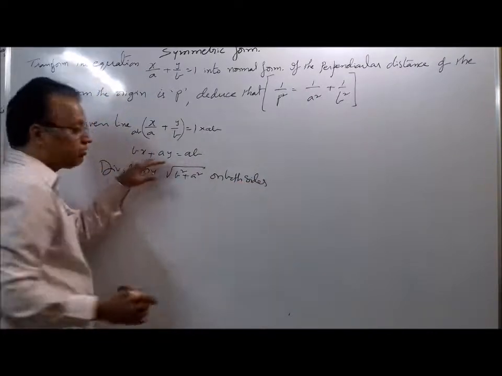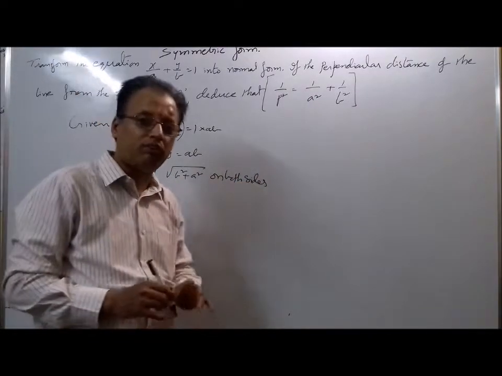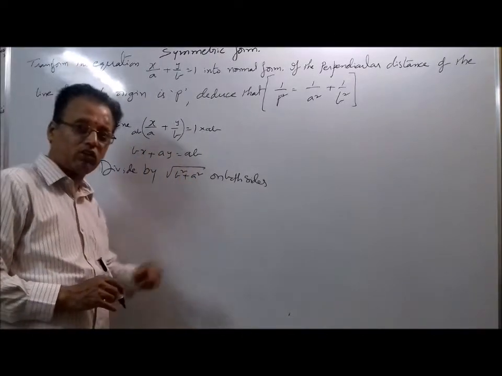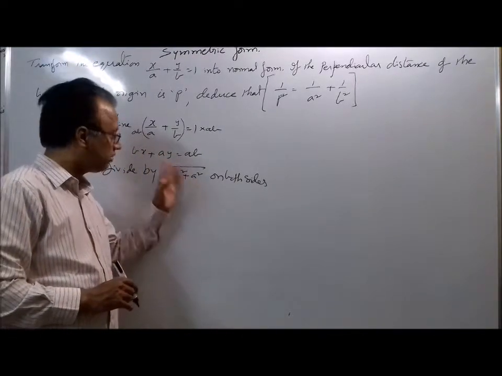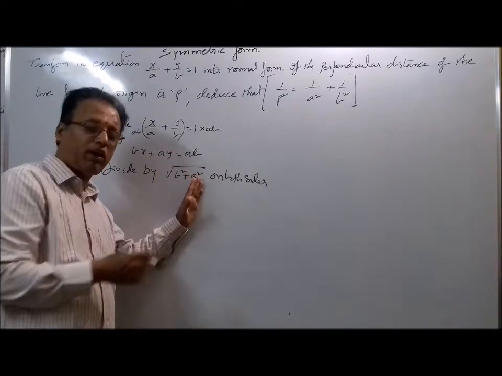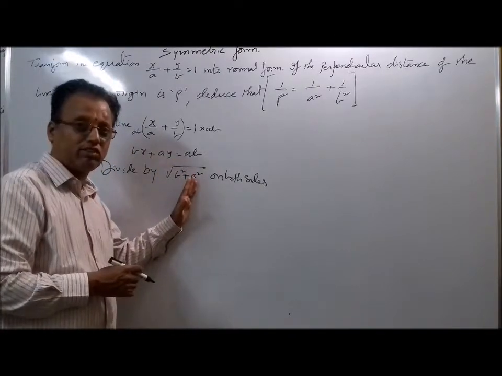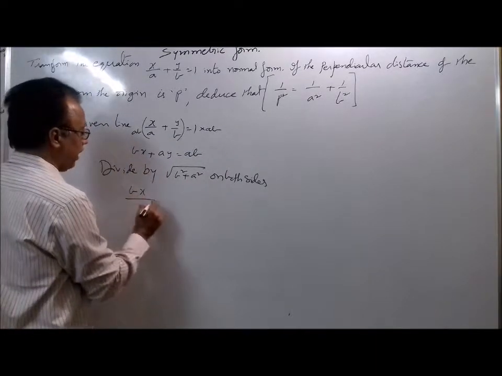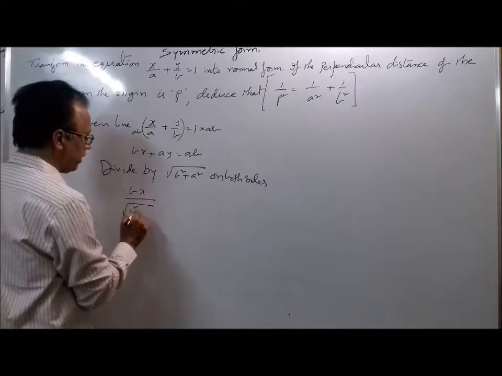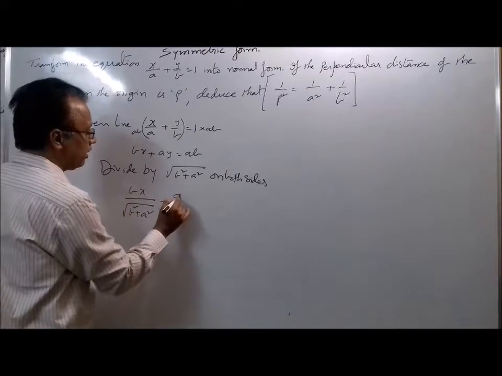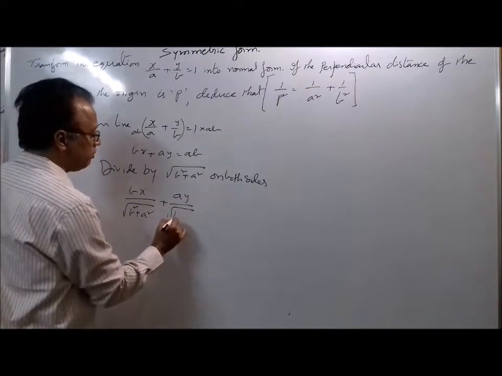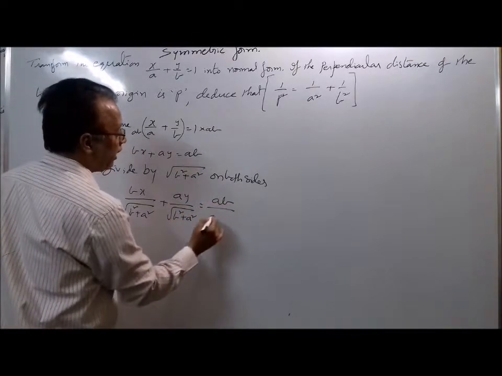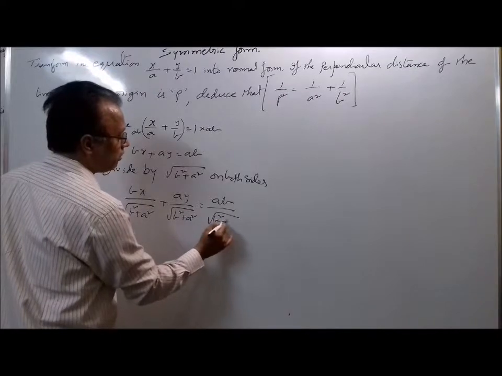So the general form, to convert into the normal form, we did this: under root of x coefficient square plus y coefficient square. Okay, this same thing I explained in part 2, why we divide like this. See, under root, dividing: bx by under root b square plus a square plus ay by under root b square plus a square is equal to ab by under root b square plus a square.